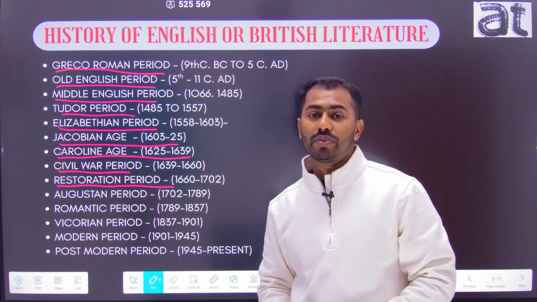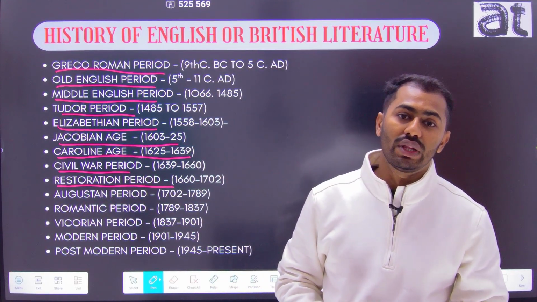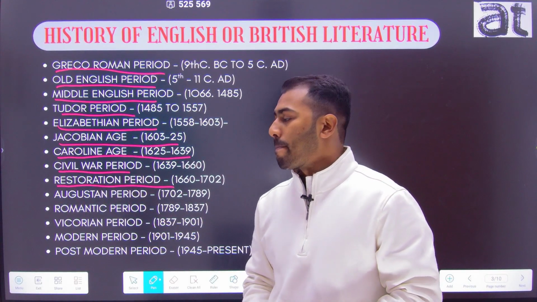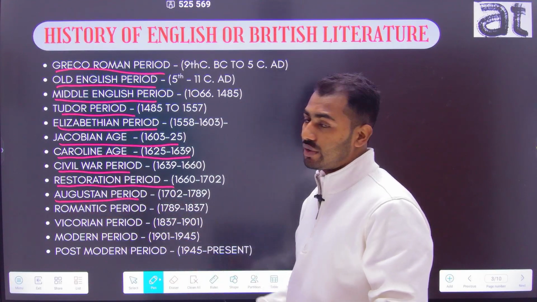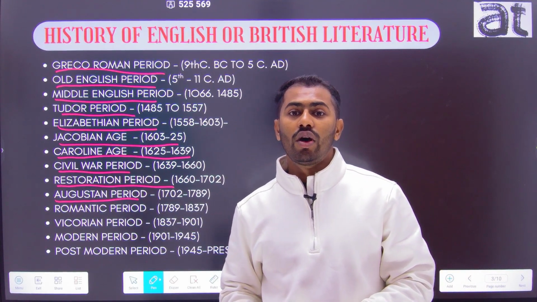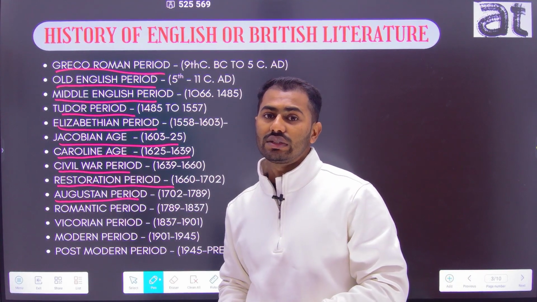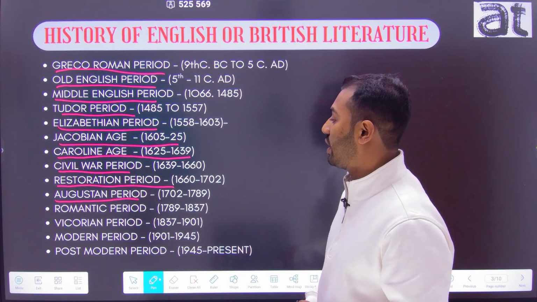In the Restoration period, we will read the Restoration dramas of William Wycherley and William Congreve, and after that comes the Augustan period. In the Augustan period, we will read Alexander Pope, Jonathan Swift, and who are the important Augustan periodicals and what are the important events that happened in the Augustan age.